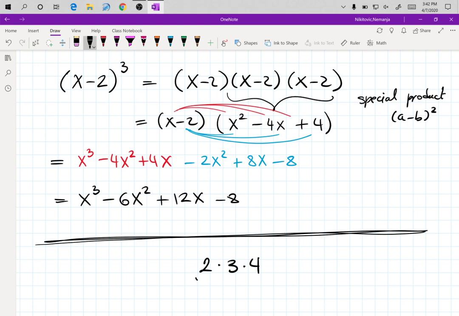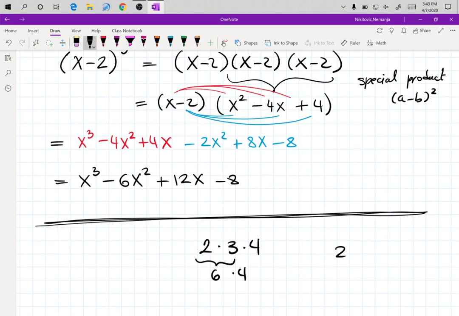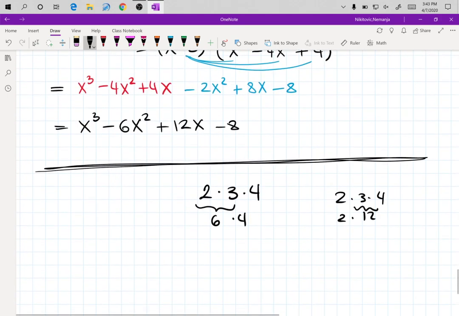So you either multiply 2 by 3 to get 6 and then times 4, or you multiply 3 and 4 to get a 12 and then multiply by 2, right? Or you multiply 2 times 4 to give you 8 and then times 3, and all of these always give you 24. It doesn't matter in which order you multiply them, right?